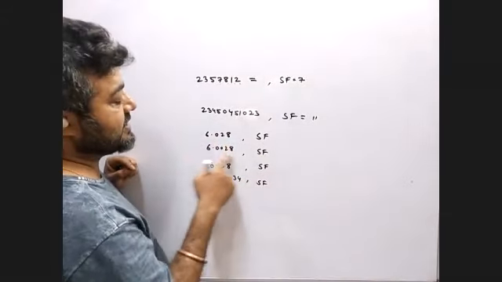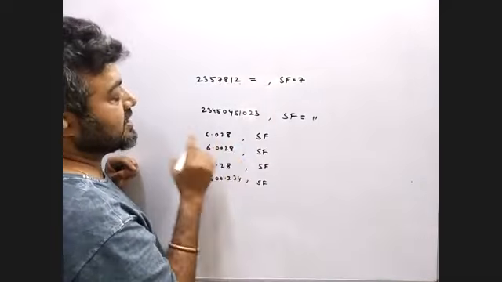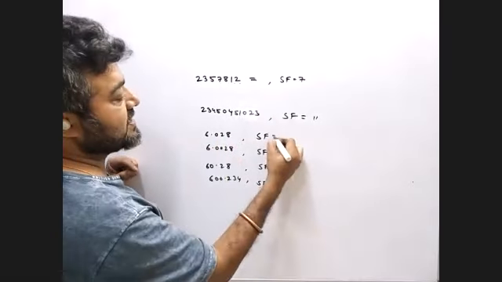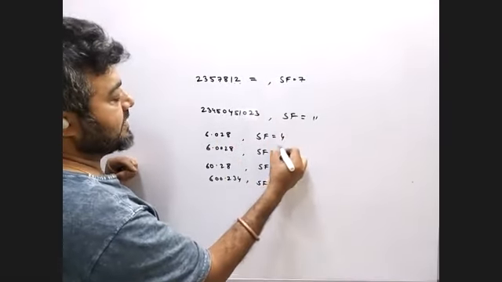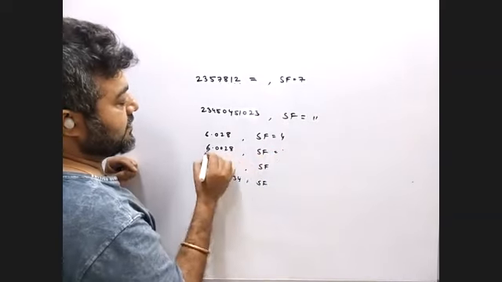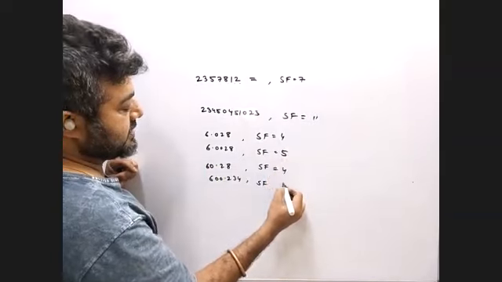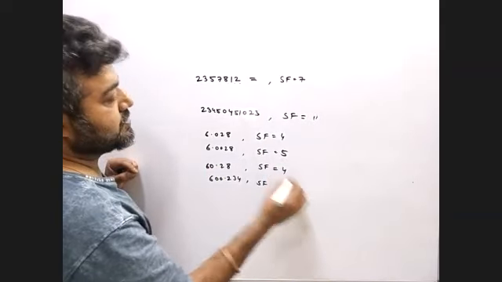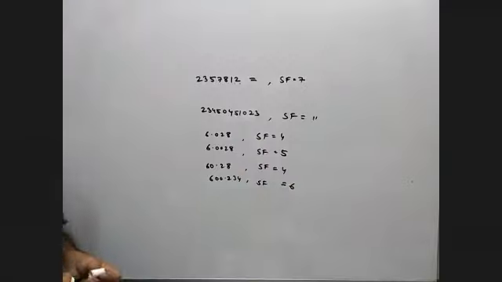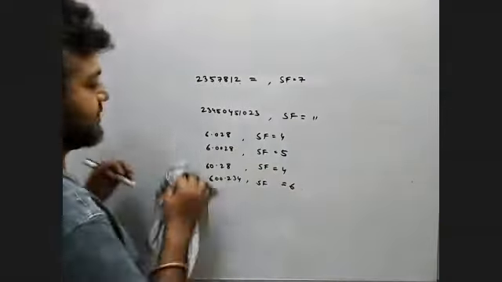Between non-zero digits, you have zero. So these all zeros are counted as significant figure. What is the first one? 4. Next one? 5. Next one? 4. Next one? 6. So I think you understand that part. If you have zero between non-zero digits, then that zero is counted as a significant figure.